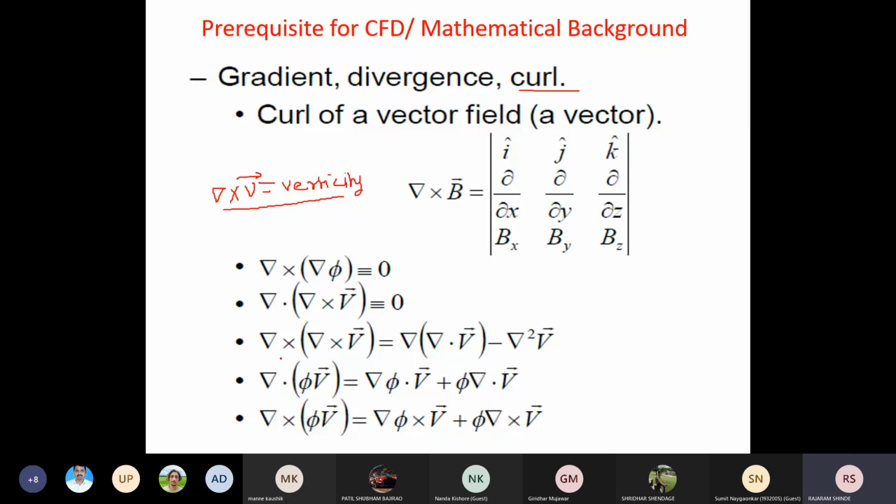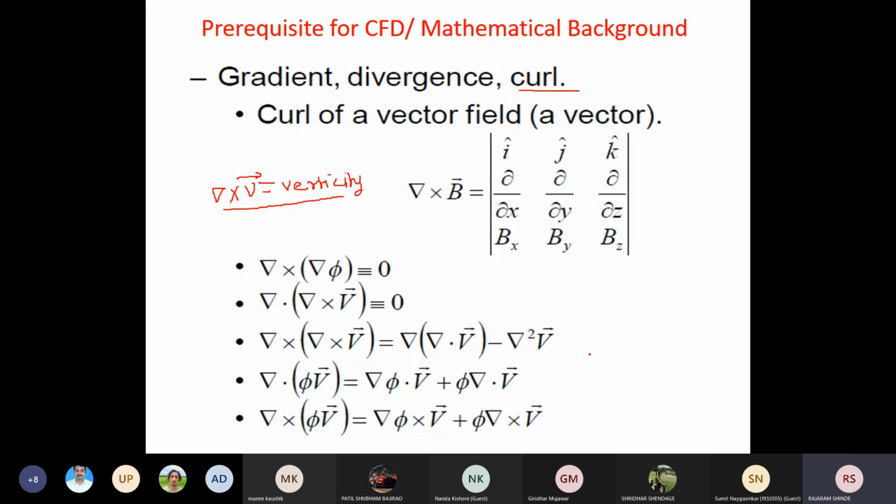Okay, next is curl of curl, this is cross, cross. Curl of curl is gradient of divergence minus Laplacian, or gradient of divergence minus divergence of the gradient.